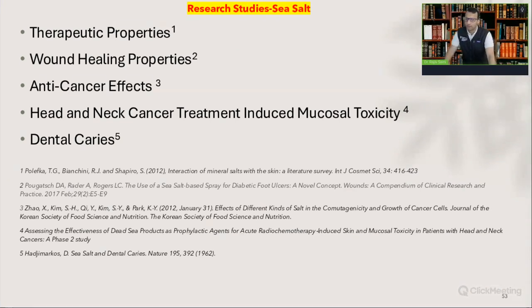There's a lot of data and a lot of studies that mention why sea salt based rinses and sea salt based products are good for oral health. It has a lot of therapeutic properties, a lot of wound healing properties, and a lot of anti-cancer effects also. Some of the studies mention that, and there's a study showing that even the cancer cells get shrunken after using salt in an in vitro study.